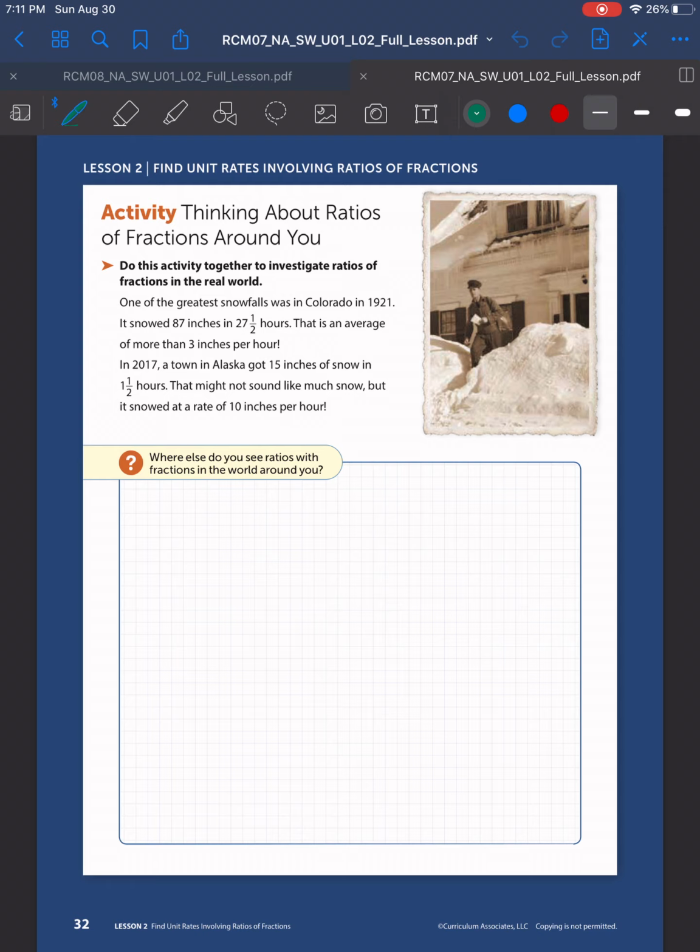Okay, so it's not asking where do you see fractions, because we see fractions all the time, right? But it's asking where do you see ratios with fractions. So something that I was thinking of is that you see ratios with fractions when you're cooking, when you have to convert units from one thing to the other. So, cooking and converting units.